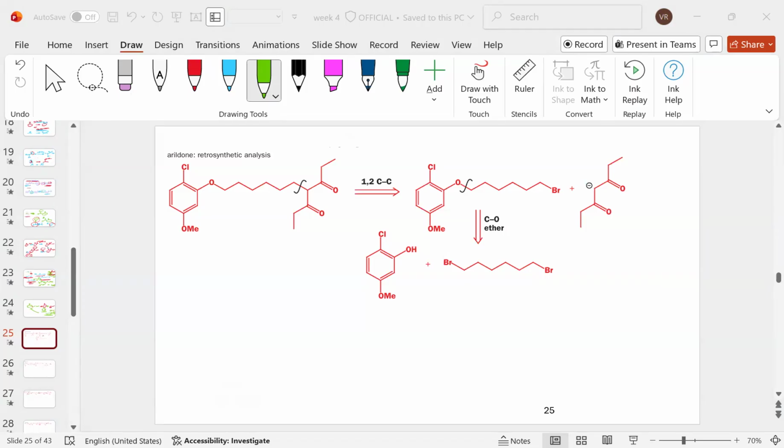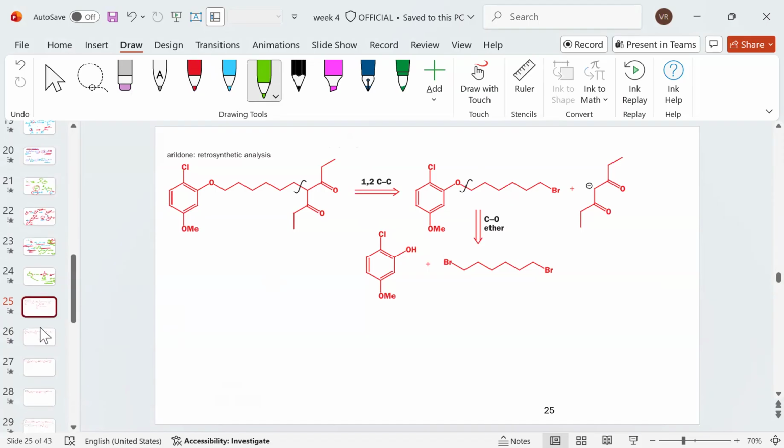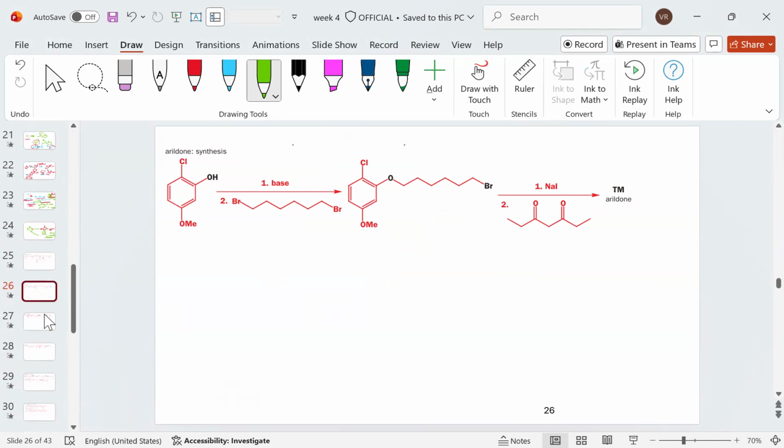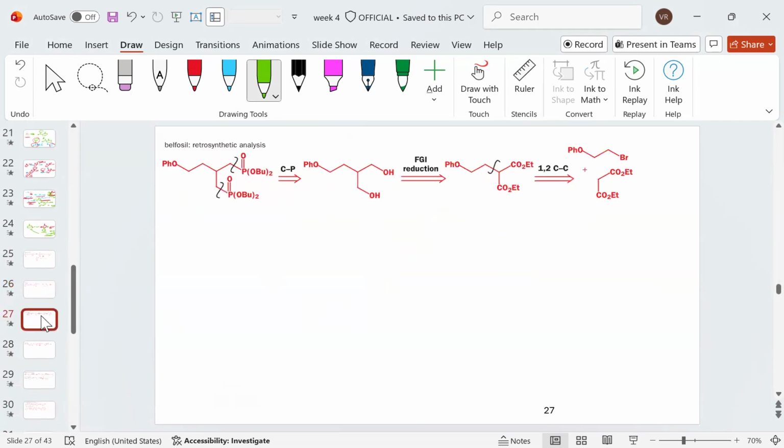Okay, if you don't have any doubt, we'll stop here for today, and maybe next Tuesday we'll cover some more problems. In the meantime, you can take photos of these examples and practice. The more you practice, the more command you get over this retrosynthetic analysis.